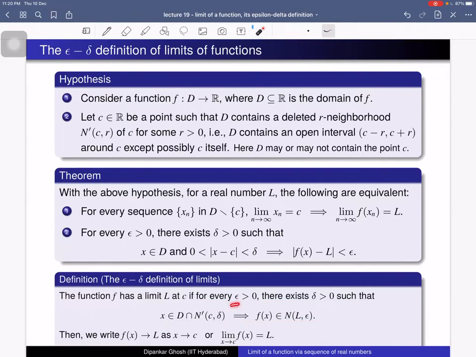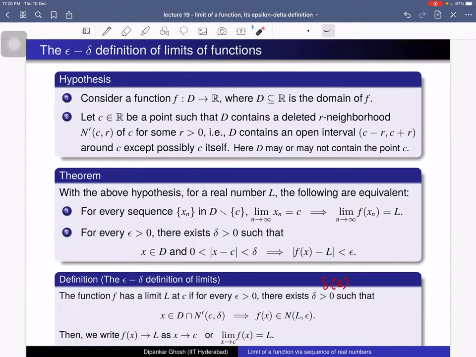For every positive real number epsilon, no matter how small or how big it is, there should be some positive real number delta depending on epsilon, such that for all points x belonging to D intersection the deleted delta neighborhood of c, the function value lies in the epsilon neighborhood of L. Here I should write that this delta depends on epsilon. In some books they write delta of epsilon.